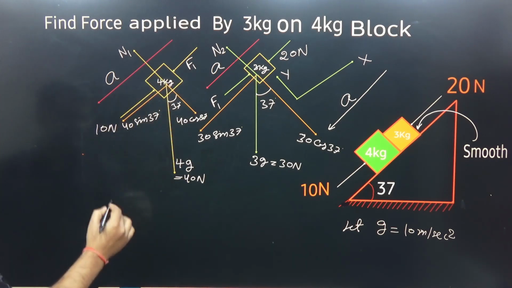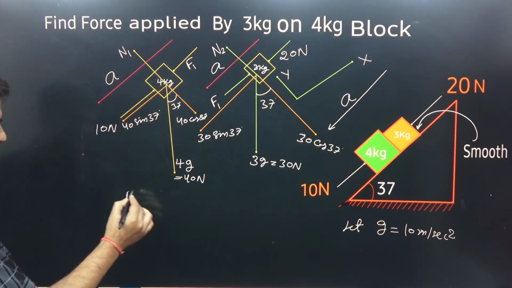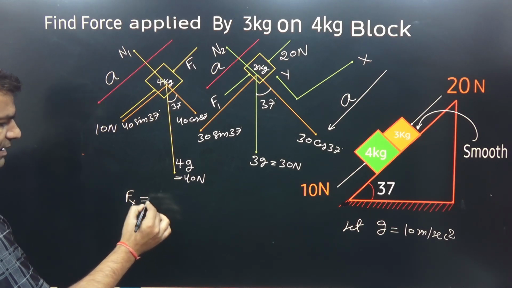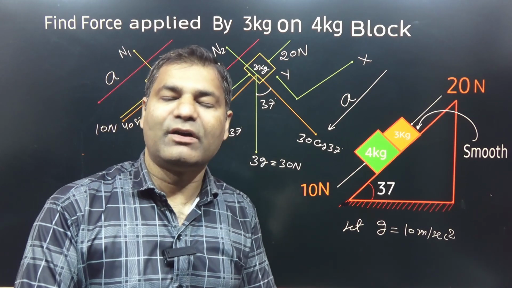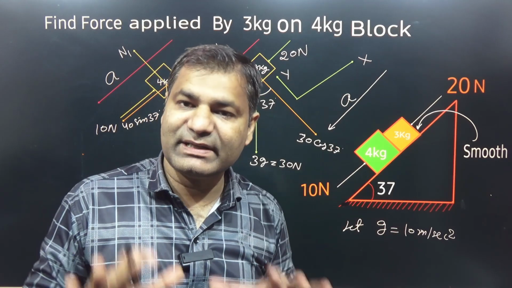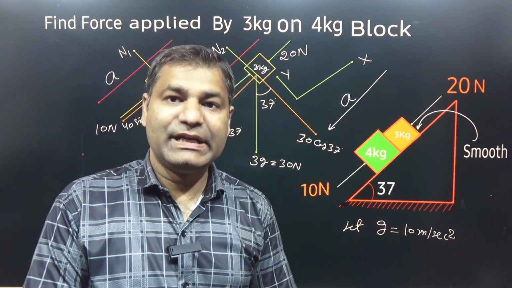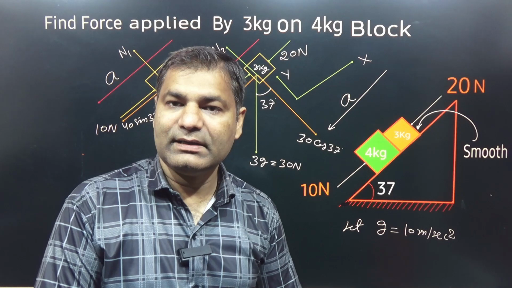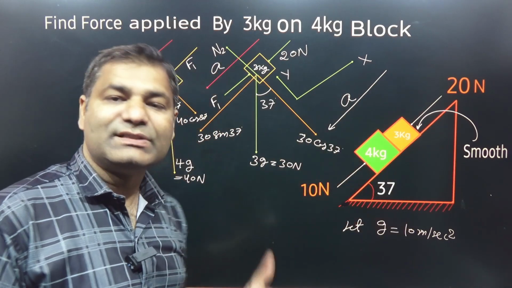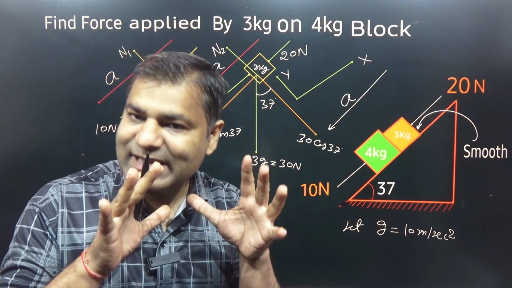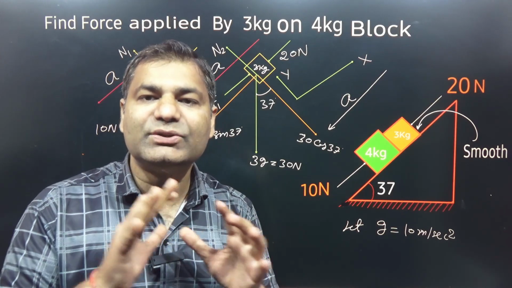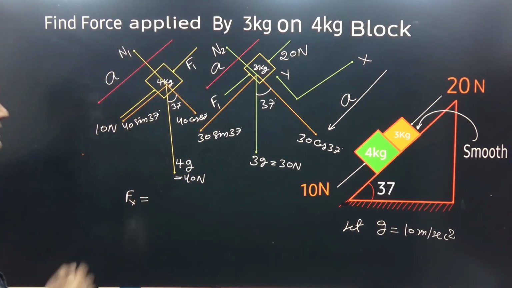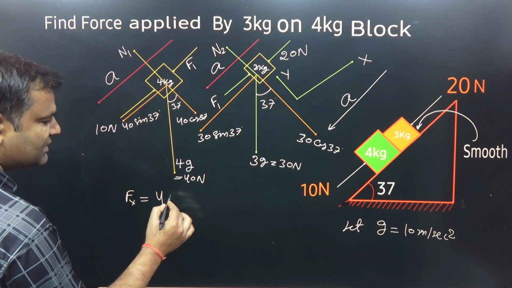According to Newton's second law, the unbalanced force in the X direction is equal to the product of mass into acceleration. So mass is 4, into acceleration A.